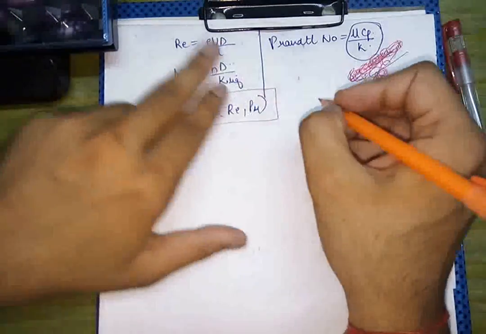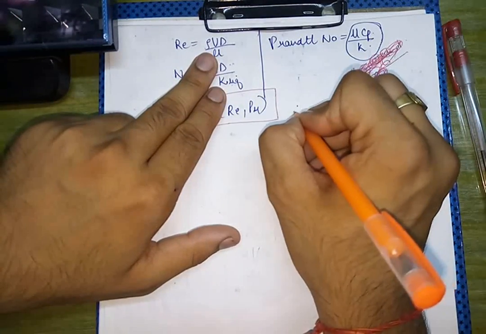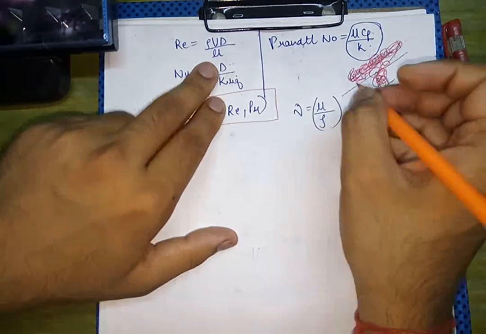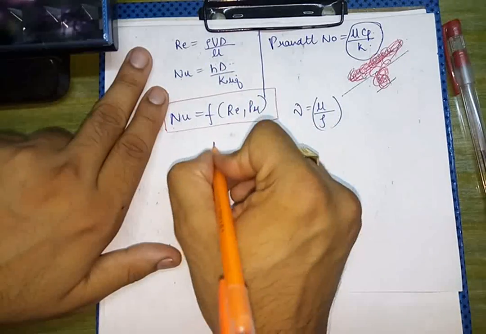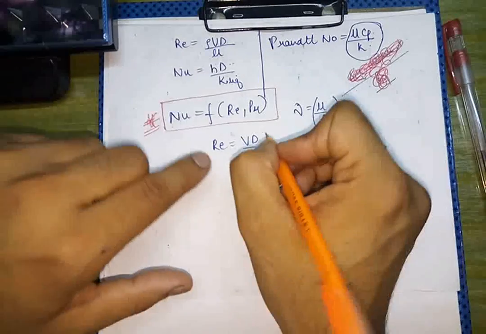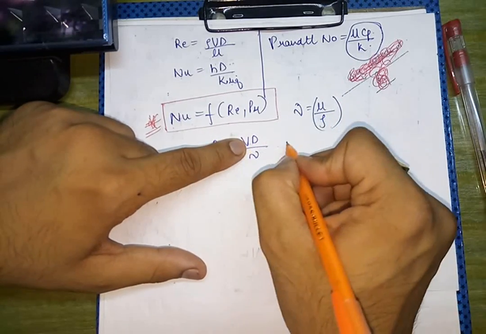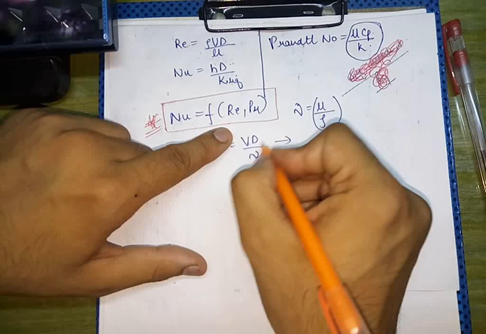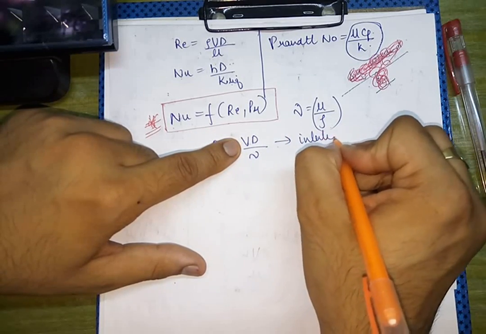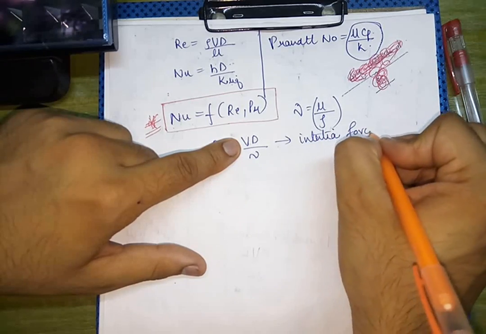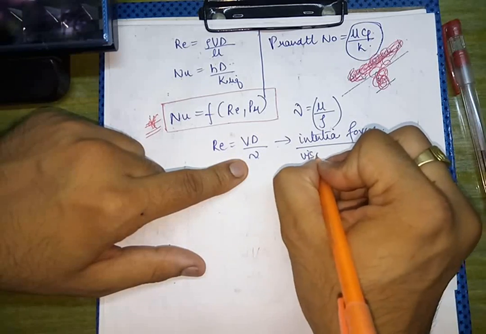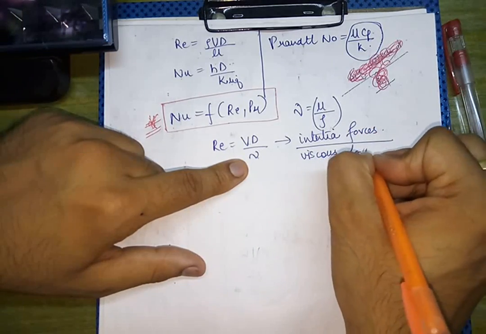Now if we look at the Reynolds number, we know that kinematic viscosity equals dynamic viscosity upon density. Rearranging the terms, we can write Re equals Vd upon nu. Since the velocity is in the numerator, the numerator signifies inertia forces, and the denominator corresponds to viscosity, so it is viscous forces.